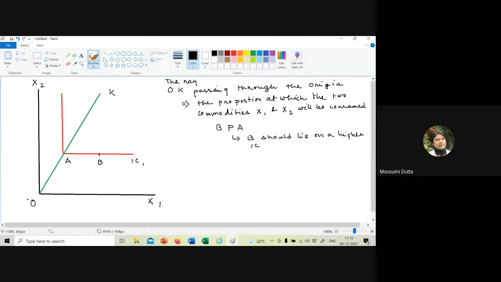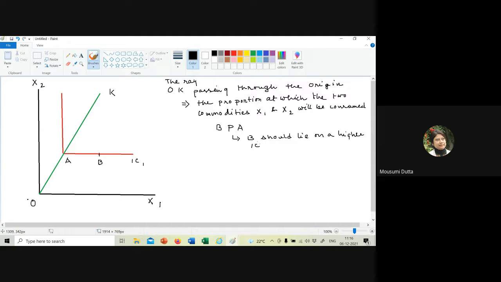Because along an indifference curve, B should be indifferent with A. So if I follow the conventional pattern, B consists of more X1 given the other commodity identical. So B should be preferred to A, and for that matter, B should lie on a higher indifference curve. Am I right, if it is a standard case? Yes, ma'am.